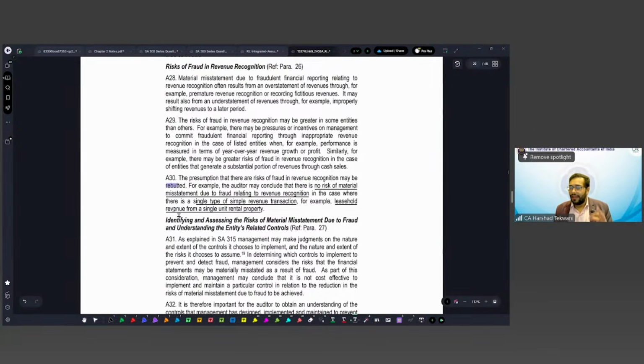So they also give you examples to make you understand more. The standard has everything in the explanation material. The point is that it gives you an option to say that there is no risk of fraud in revenue recognition, but that option is not available for management override of controls.